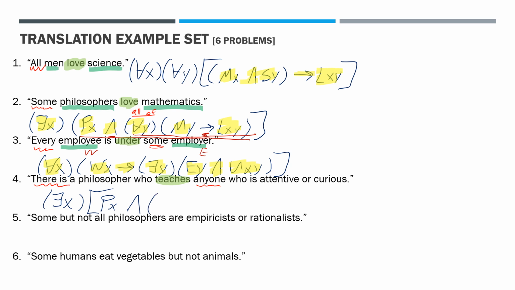So we have now our universal quantifier for all y. And in the antecedent we have to announce our variable, so to speak, which is y. So we have Ay and attentive, or, so we have an or, curious. So y is attentive or y is curious, then Txy.